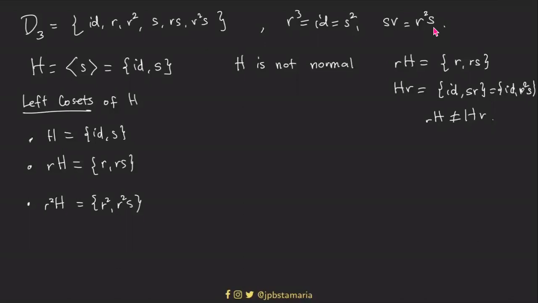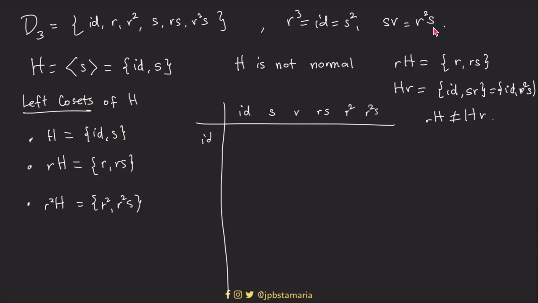Now, let's look at the table this time. But this time, I will make this table in accordance with how we write the elements. Those in the same coset are together: identity, S, R, RS, R squared, R squared S. S times S is identity.